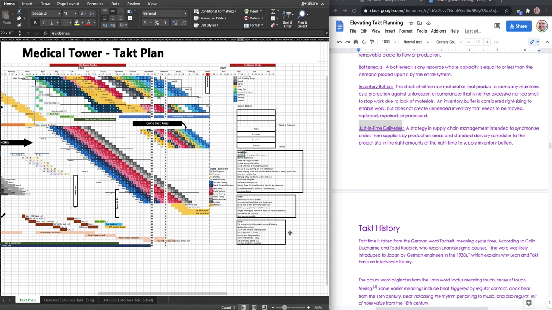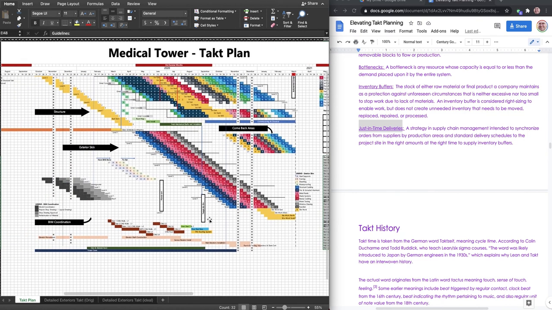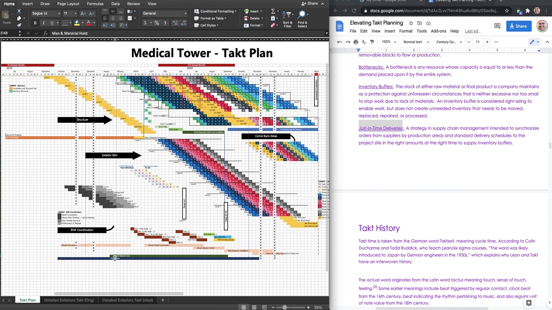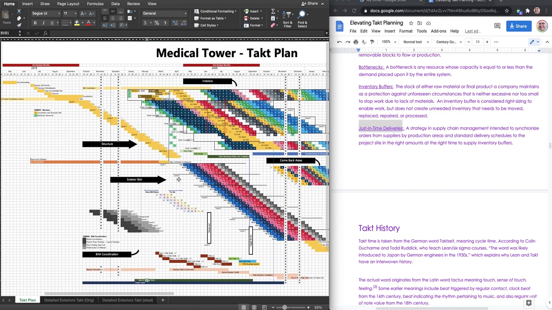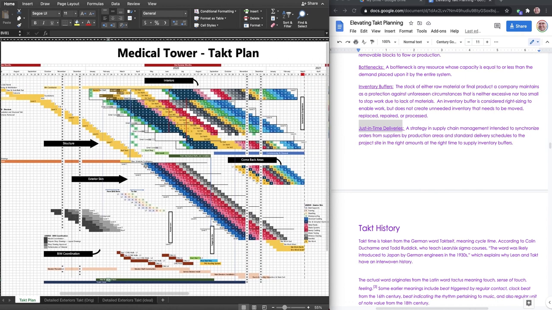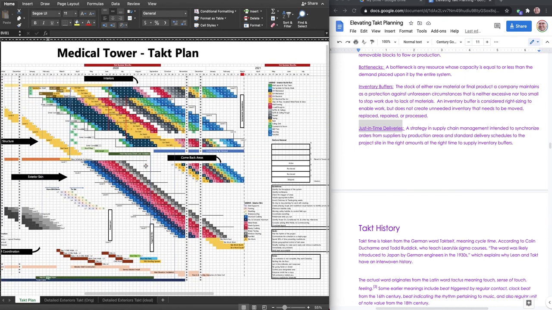These are the guidelines, goals, and rules that I usually put in each Takt plan. Here's a legend again. I will usually do long strings for like tower crane, material hoist, procurement, elevators, CMU, things like that. So I really like to show how everything's interconnected. And so that's the bulk of what you're seeing here on this Takt plan.